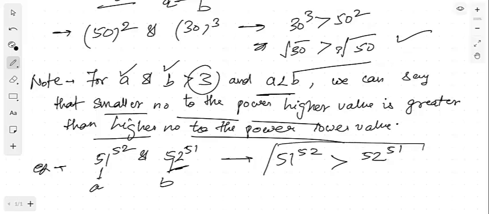So you can write this directly by following the above rule, without solving anything, without any calculation. Smaller number to the power higher value is always greater than the higher number to the power smaller value. This is one last kind of question on Surds.